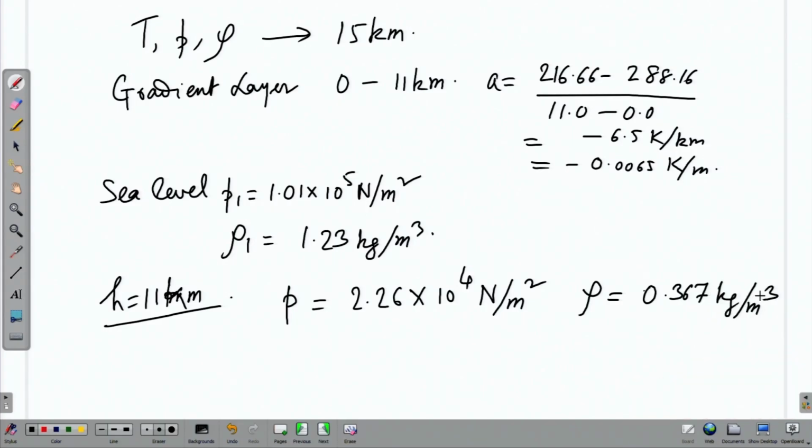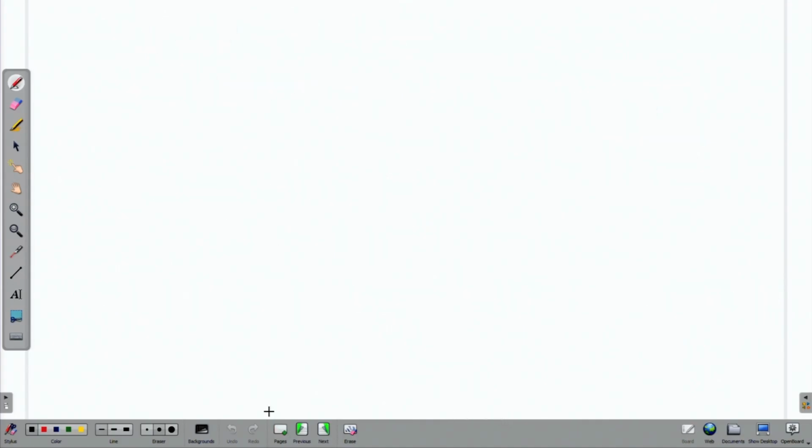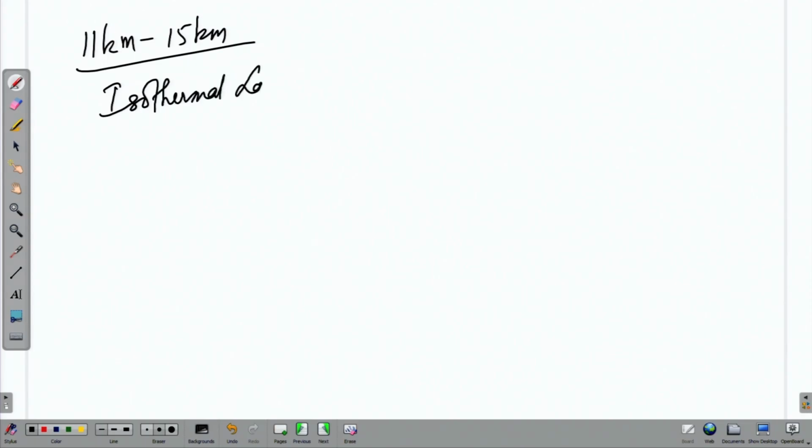Now, if you compare these values with the sea level values, you see pressure has dropped to about 22%, density has dropped to about 30% of what you had at sea level at 11 kilometer altitude. Beyond the 11 kilometer altitude, from 11 to 15, you apply the isothermal layer equations, where temperature remains constant, and you will find that the starting point of pressure and density will be those values for 11 kilometers.